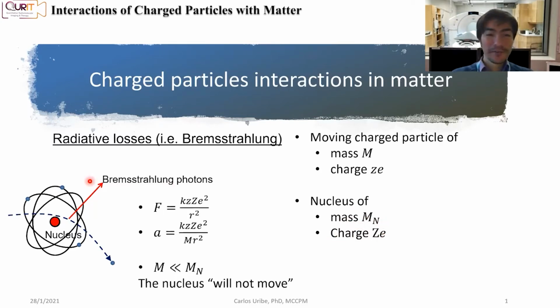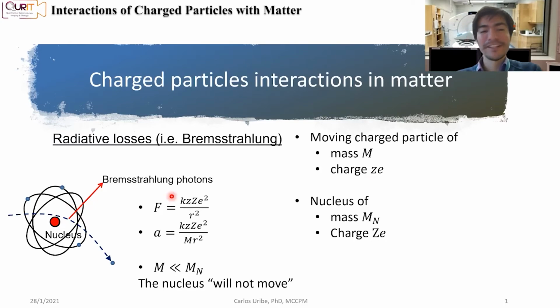So if you have a charged particle with this charge and the nucleus with this charge, the force between the two, because of that electrostatic Coulomb interaction, will be a constant times charge 1 times charge 2. So that's why we have Ze times Ze, that gives Zze squared. One is capital Z, the other one is lowercase z, and then divided by the distance.